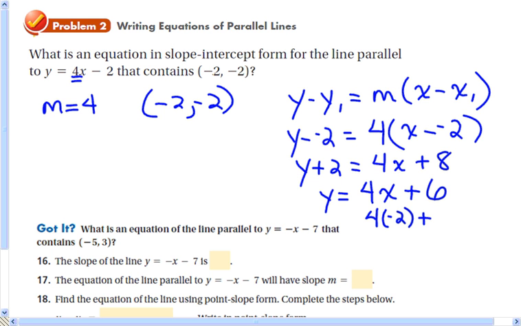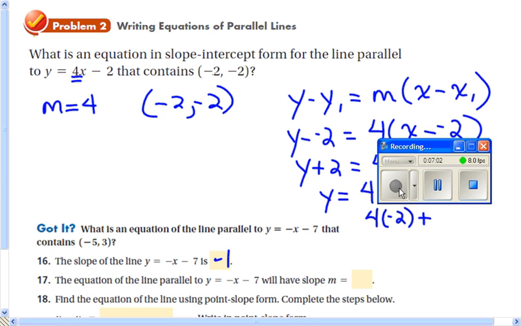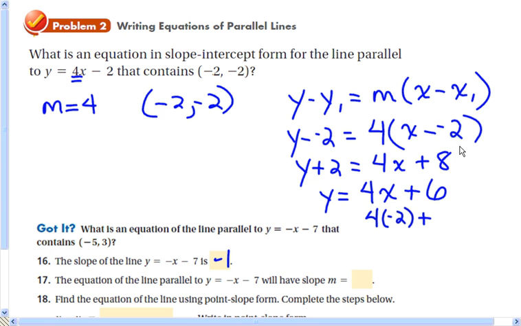And so on the next problem, the slope of the line y equals -x minus 7 is -1. So the equation of a line parallel to y equals the opposite of x minus 7 will have a slope equal to -1.